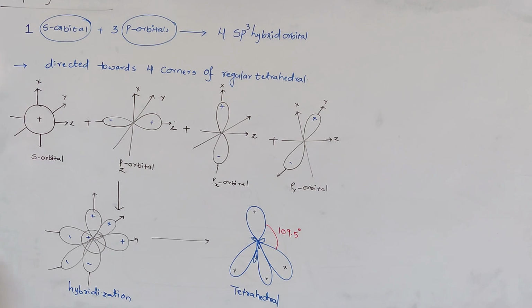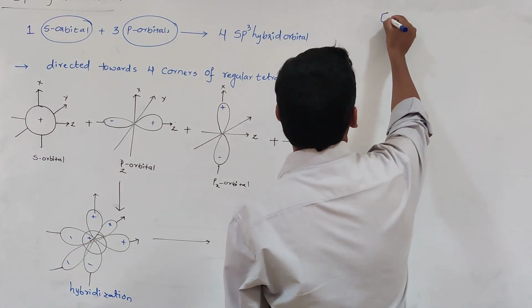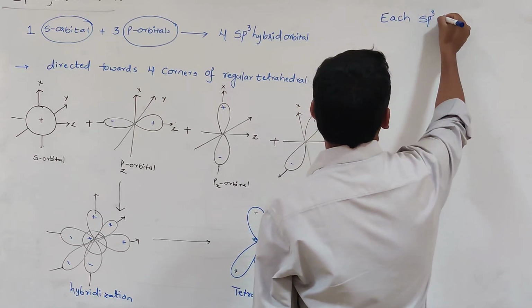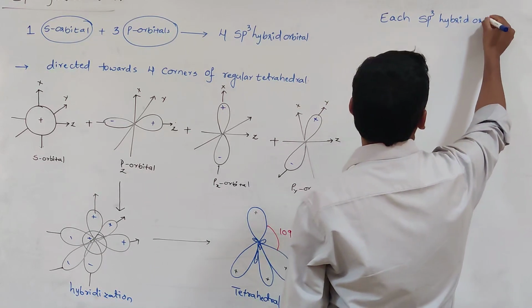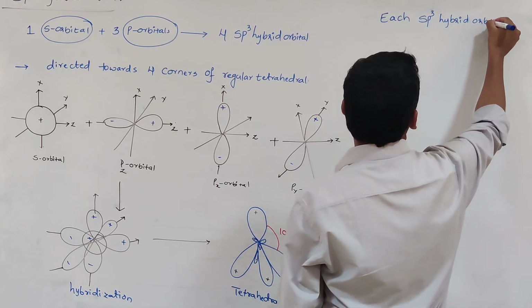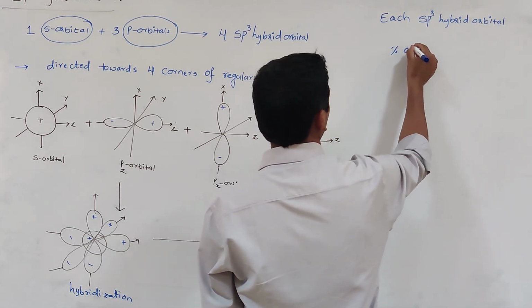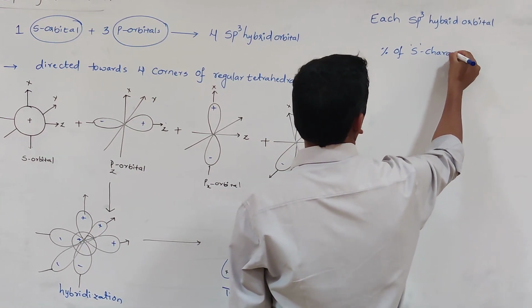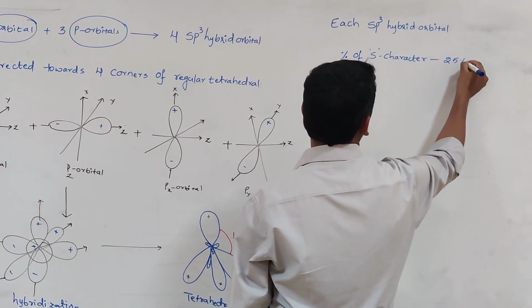In this sp3 hybridization, in each sp3 hybrid orbital, the percentage of s character is 25%.